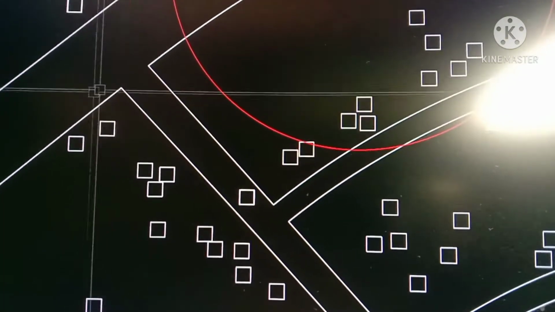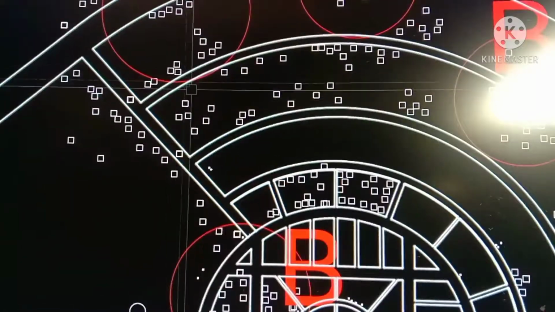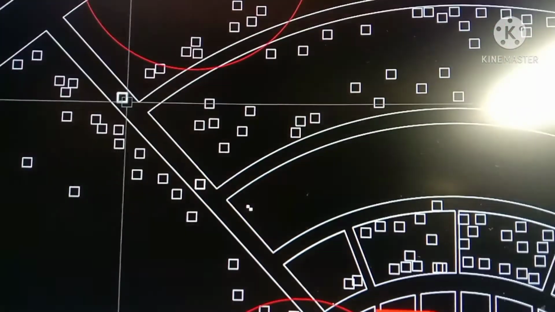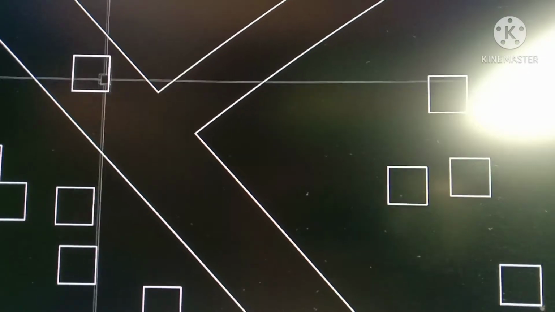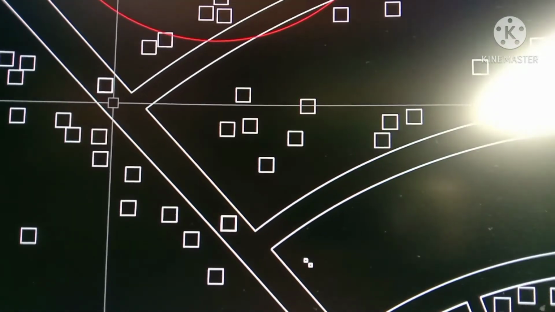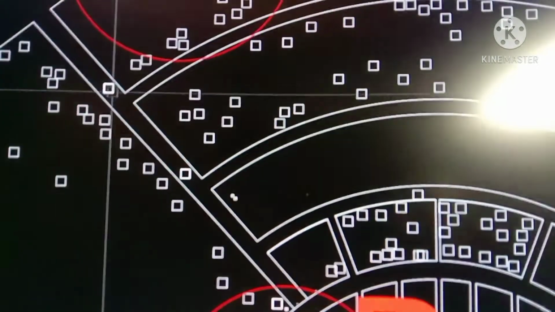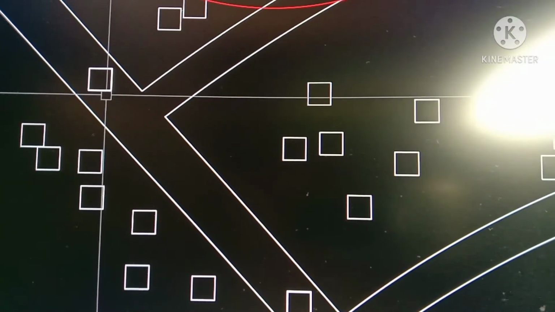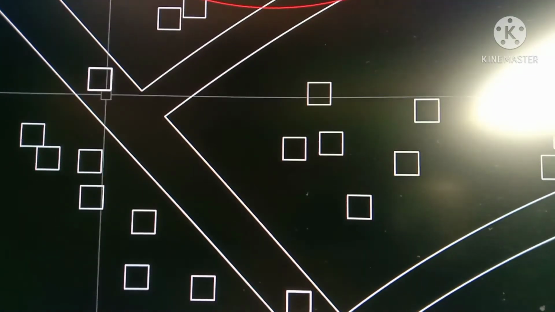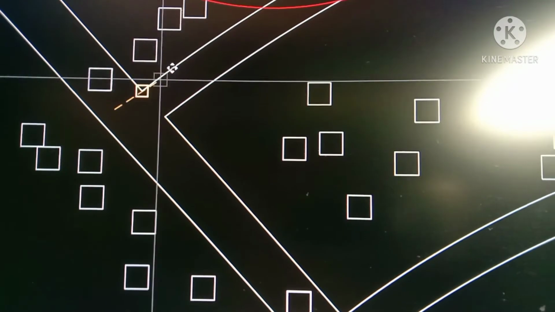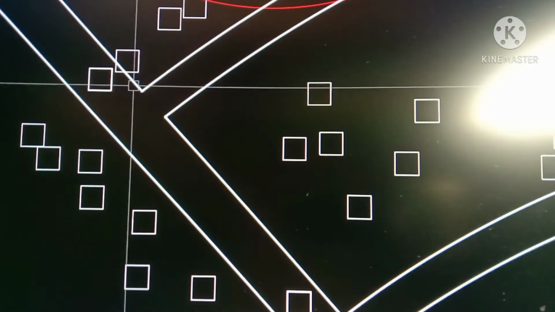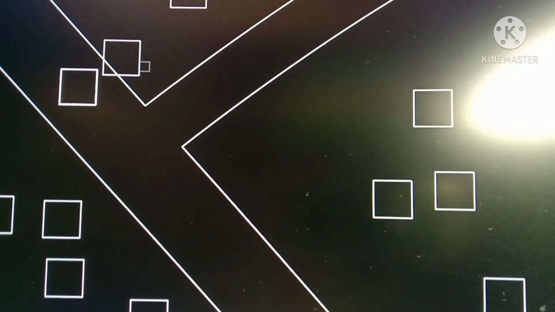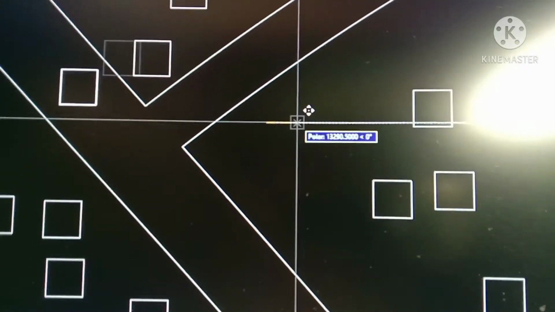So this one over here in this barangay, in this town, there's another one here. The surveyor will inform the owner of this house to relocate. They will move it to a certain area outside the roads.